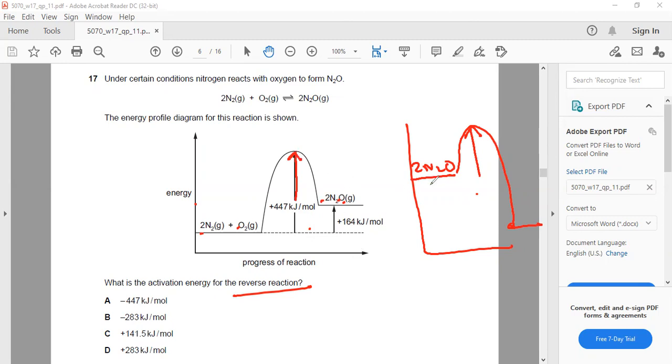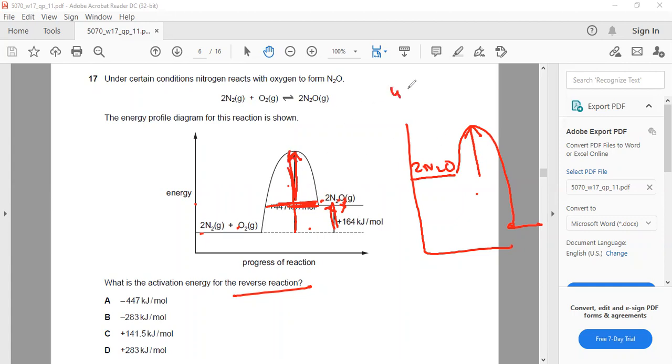Okay. Then this is how much? 447. So the total is 447 minus 164, which is 283. This minus this is the activation energy.